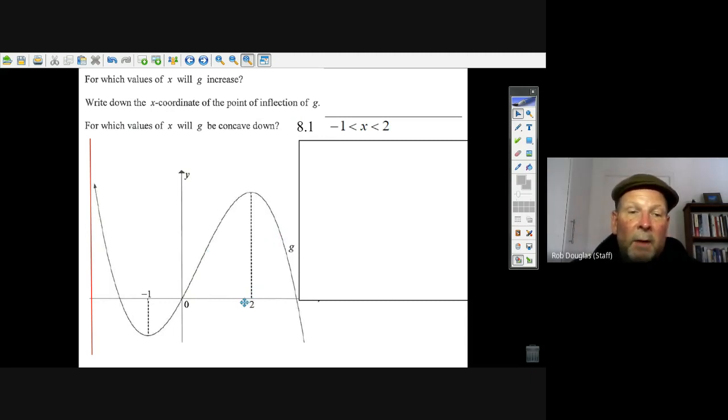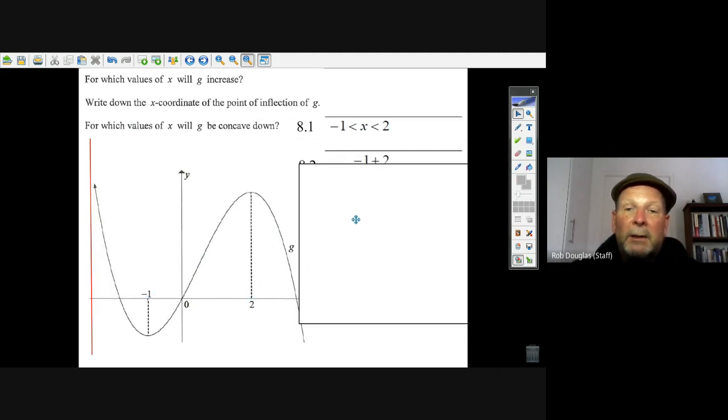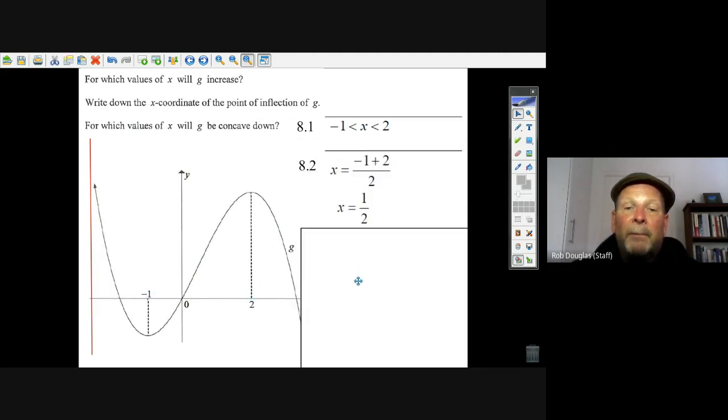All you have to do is know that it looks like it changes in the middle, and in fact it does. By symmetry, the point of inflection will be right in the middle of -1 and 2. So -1 plus 2 divided by 2 equals a half. That's the x value of the point of inflection, right there in the middle.